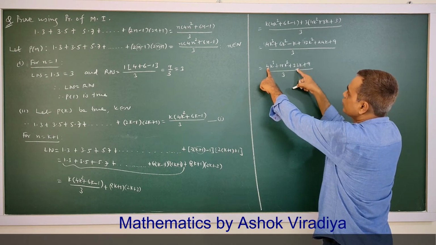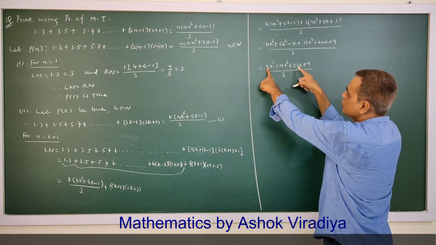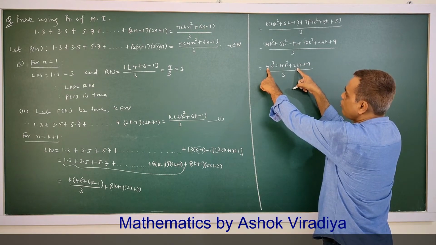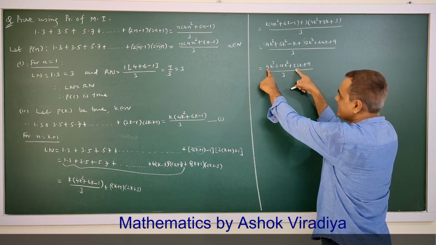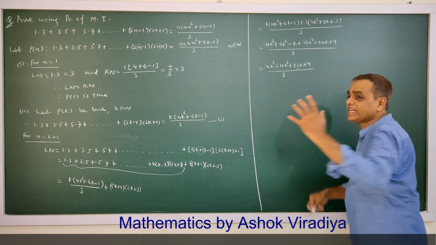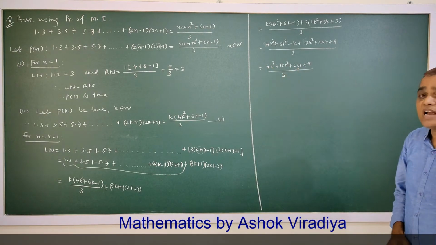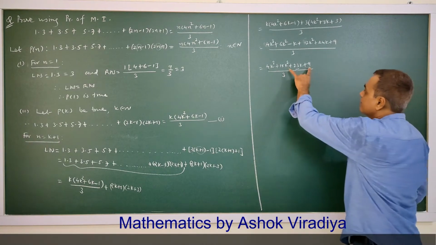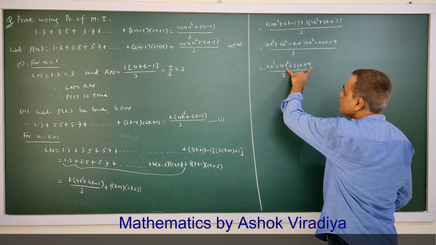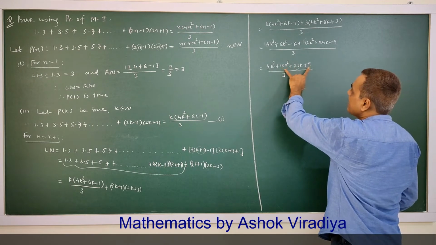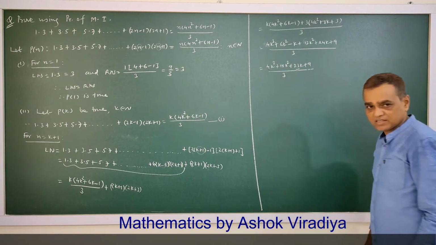This is the coefficient of k. So the coefficients of terms with odd power are 4 and 23. Their sum is 27. And then the sum of coefficients of terms with even power, 18 and 9, the total is 27.